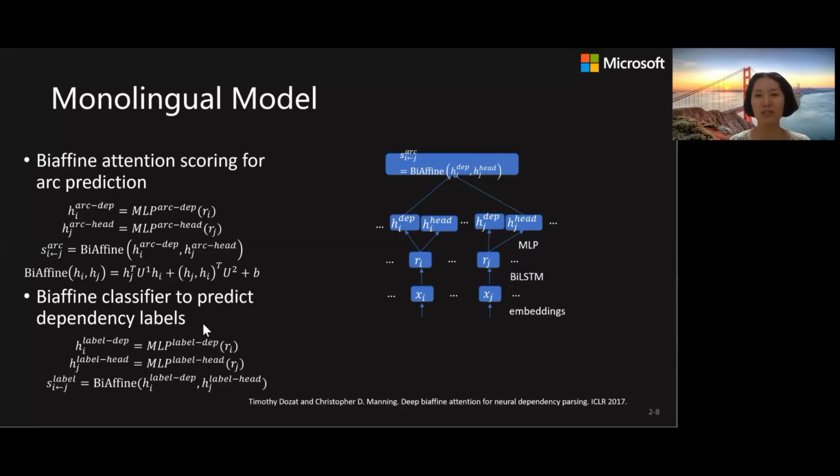Here we will omit the details of the label prediction model. In the training phase, we learn the two biaffine models. At inference, we first parse the input sentence into an unlabeled dependency tree using the unlabeled arc prediction model, and then we predict the label of each arc according to the label prediction model.